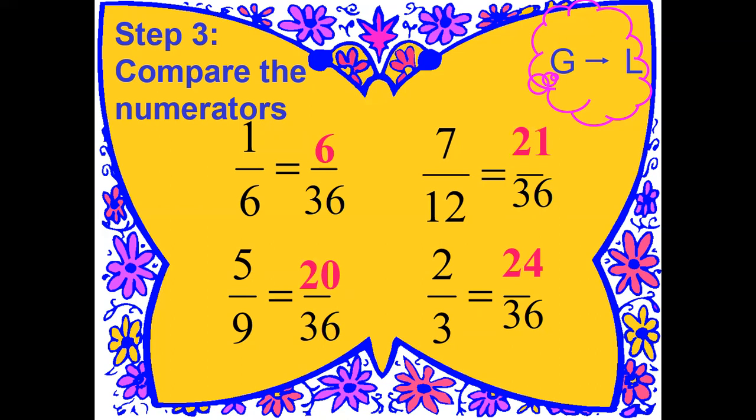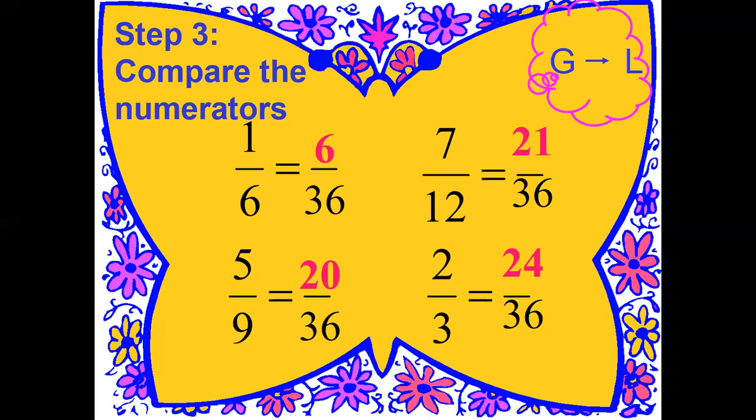Now remember, we are comparing the top numbers, which are called numerators. So as you can see, I highlighted or color-coded my numerators, right? So we're going to compare them to find which is the greatest and which is the least. Now look at 6. Is 6 greater than 21?